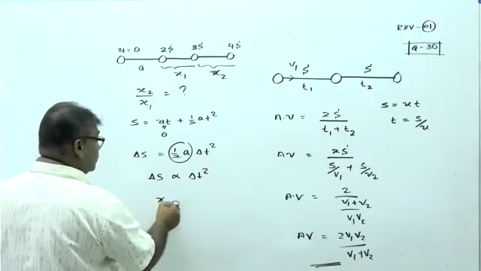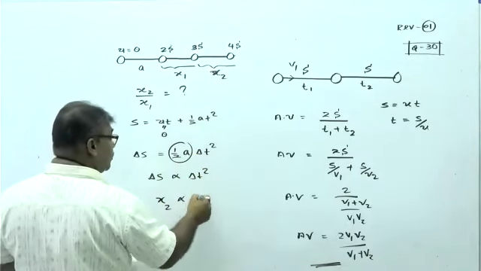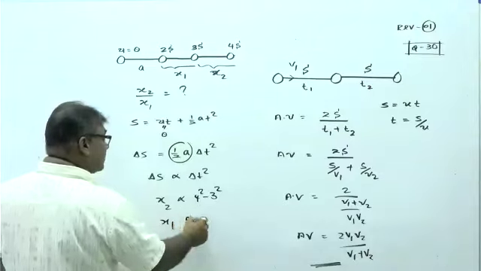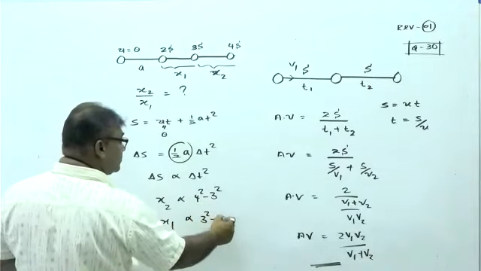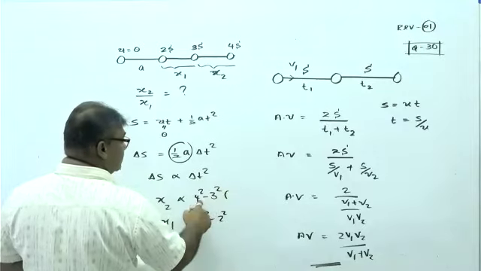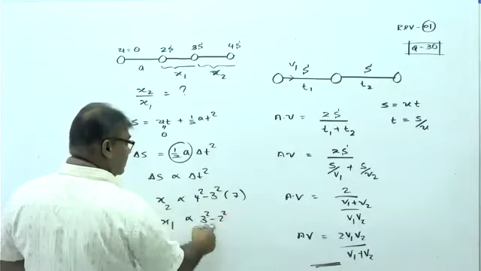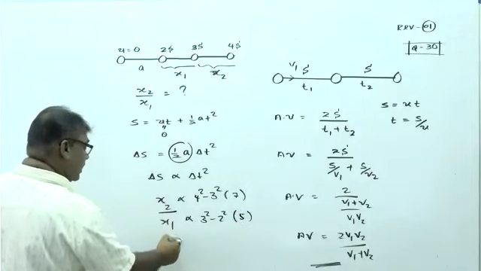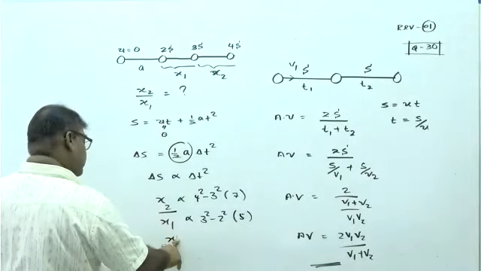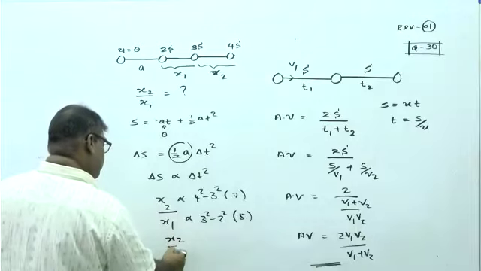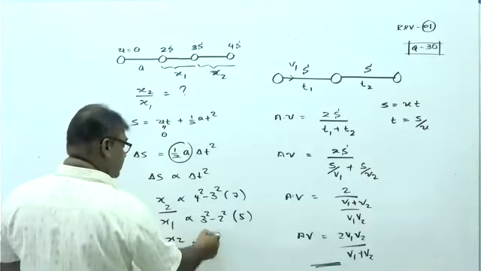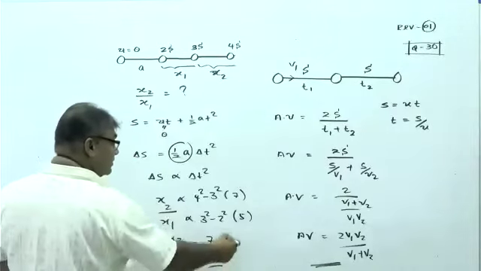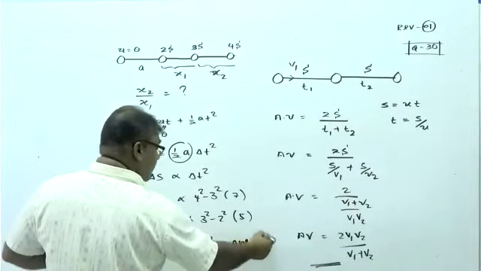Then x2 is proportional to 4 squared minus 3 squared, and x1 is proportional to 3 squared minus 2 squared. This gives 4 plus 3, 7. This gives 3 plus 2, 5. Then the answer is x1 over x2, sorry, x2 over x1. The answer is 7 by 5. Correct answer is the first one.